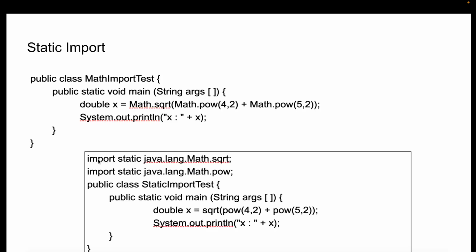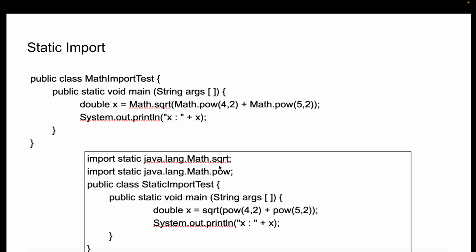If you import this at the top, import static java.lang.Math.sqrt, once you have done that, you don't need to even write this Math.sqrt again. See in this main method, double x is equal to sqrt. They are not again writing Math.sqrt because we have done the static import already.